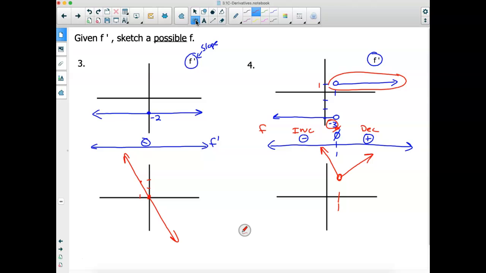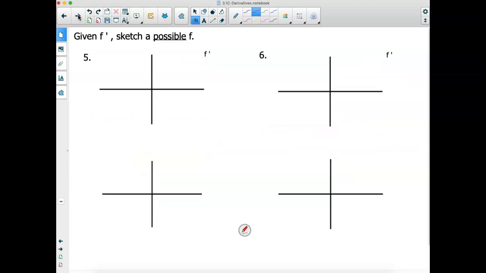And some people are going to say, no, Mr. Kirk, because it's discontinuous. Well, let me fill that point in. Doesn't really matter. If I fill that point in, now I have a sharp point, and it is still non-differentiable there because the left and right slopes do not meet each other. Okay? So what I'm going to do here is sketch a possible f for number 5.